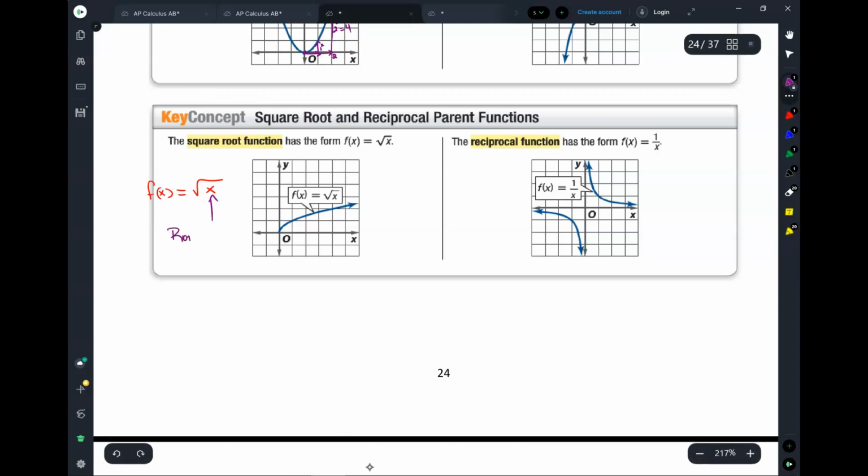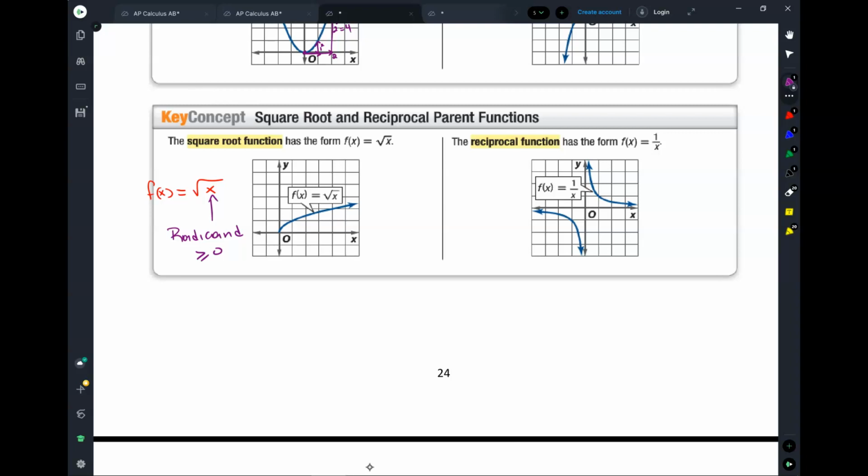The stuff inside is called the radicand. And we know that it has to be greater than or equal to 0. So, can this x be negative 2? No. Can it be 0? Yes. So only 0 or positive numbers can go inside that root as it stands now.